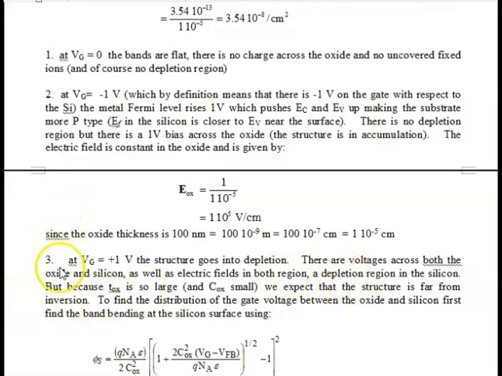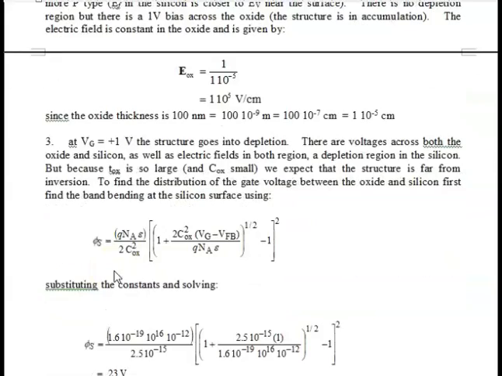Okay, and that's now +1 volt. Well, if I was in accumulation with -1 volt, I can pretty well guess that I'm going to be in depletion with a positive voltage of +1 volt. And since I'm in depletion, I'm probably going to have some band bending.